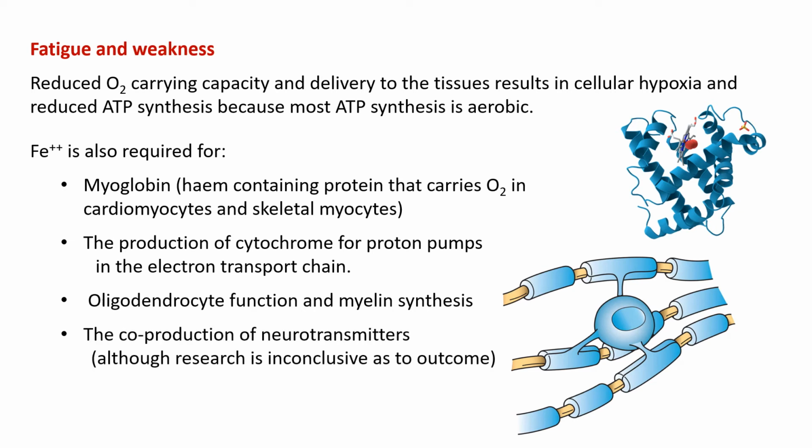Iron is also required. We said before that iron is needed for various enzymes. The other thing it's required for is some of the central nervous system neurotransmitters. So if we have iron deficiency anemia, there may be issues with producing certain neurotransmitters.